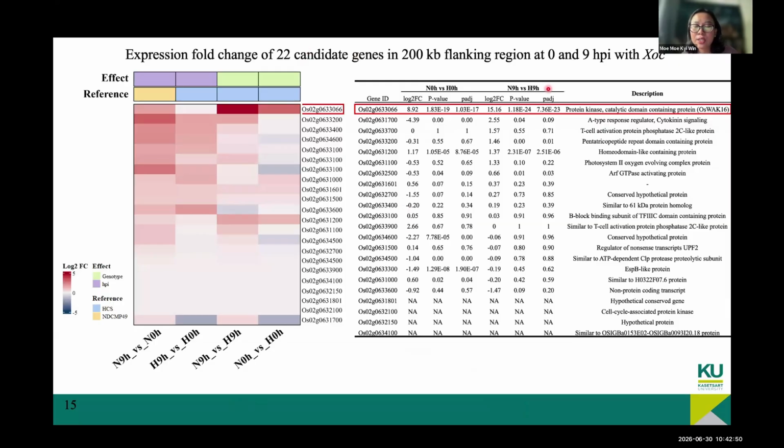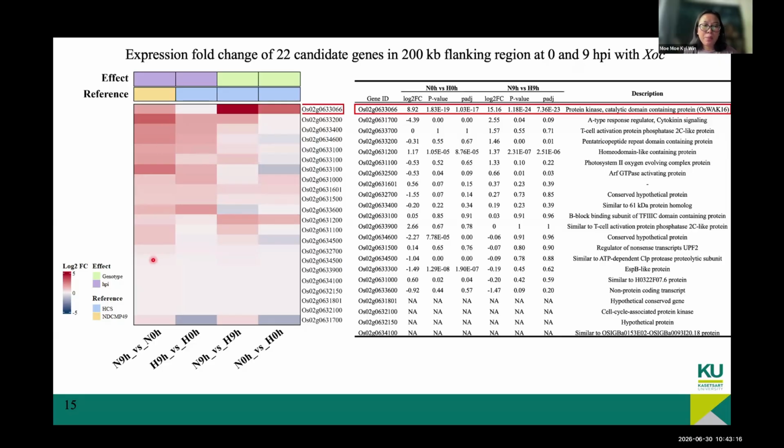I forgot to mention that in the RNA-seq analysis, we collected leaf samples at 2 time points, 0 HPI, 0 hours post inoculation, and 9 HPI, 9 hours post inoculation. This heat map shows the expression fold change within the genotype and also between the genotypes.